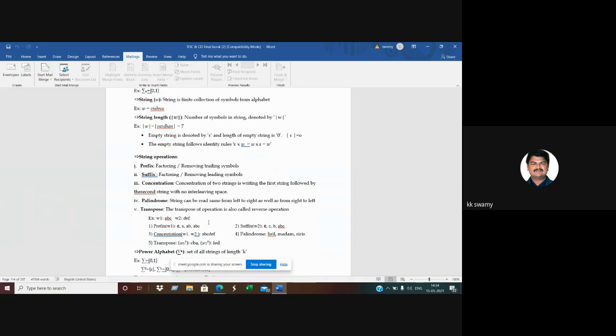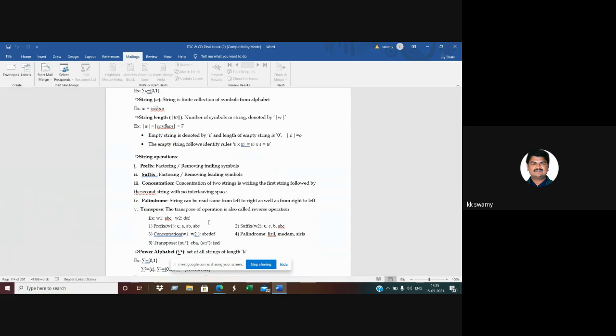Next, what about the suffix? Suffix means the trailing characters of the string. That's why, in the given definition, removing leading symbols leaves the trailing characters, so this is called the suffix of a string.